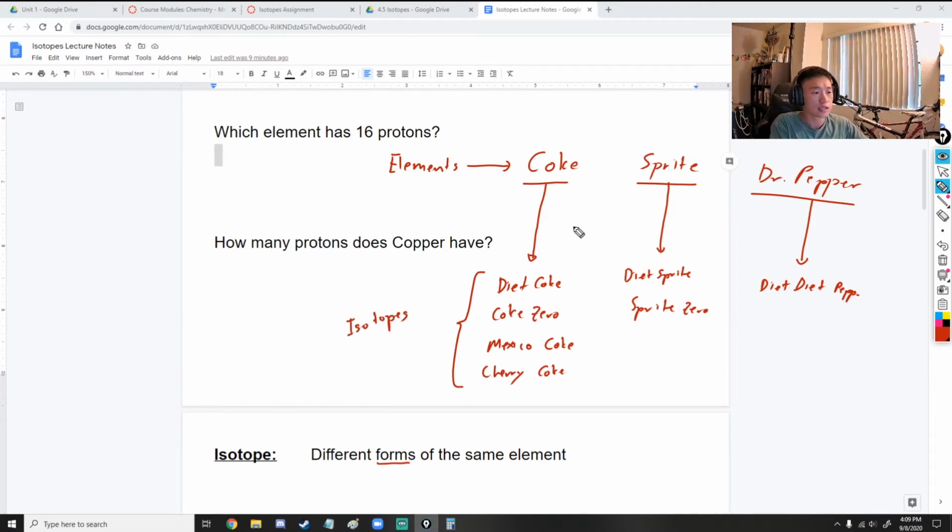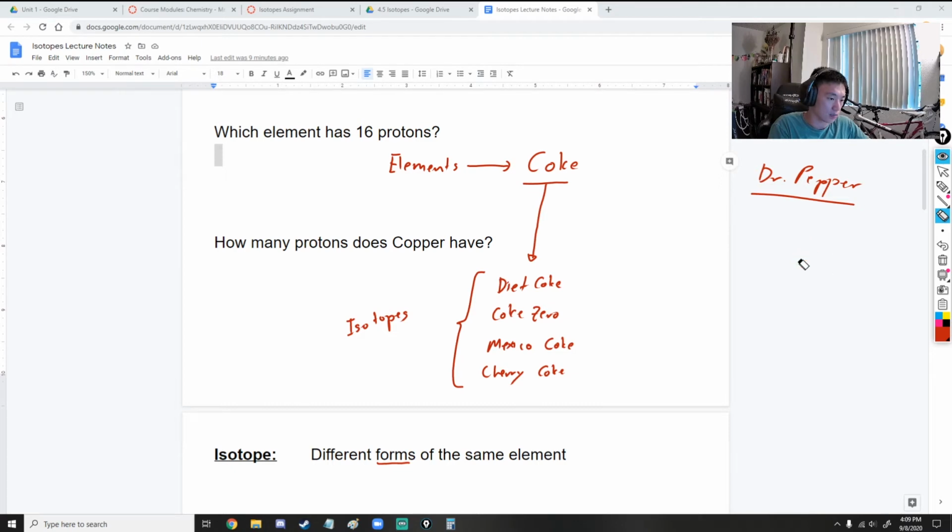These different types of sodas can be seen as isotopes if we look at these brands of sodas as elements. So let's forget about Sprite and Dr. Pepper. We're going to erase that. Let's look at elements now.